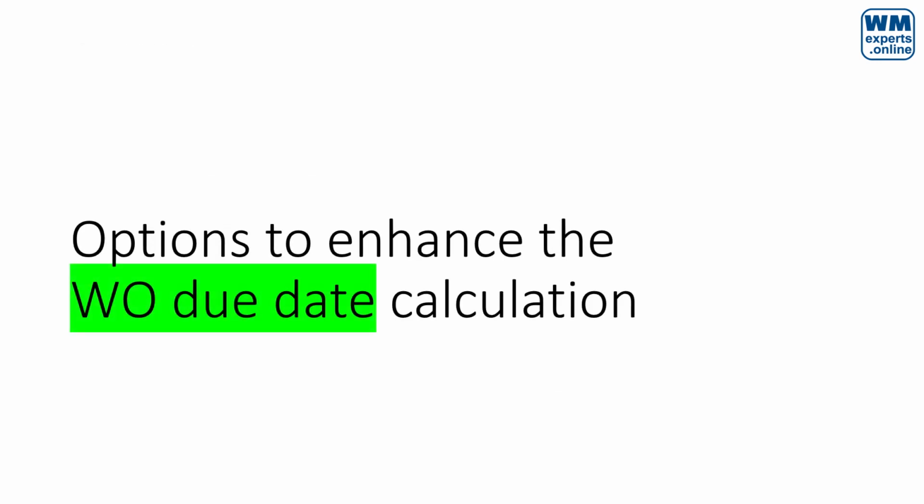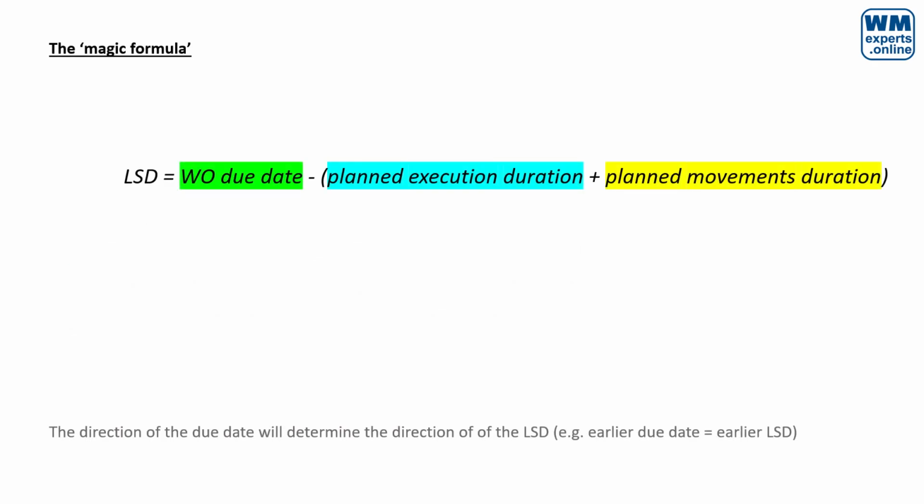We will start with the options for the due date calculation enhancements, and those are separated by the decision whether you go for wave management or whether you go without wave management. No matter which way you go, the due date will affect the LSD based on the direction in which you move it.